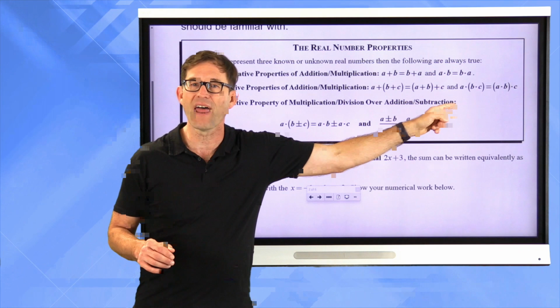Or maybe I want to do a little bit more of this kind of stuff, and I could say 8x plus 12 is equal to 4 times (2x plus 3). All right. Maybe I want to break up both the 8x and the 12. Maybe I want to say, well, 8x plus 12 is equal to 6x plus 2x plus 10 plus 2. That would also be an equivalent way of doing it.